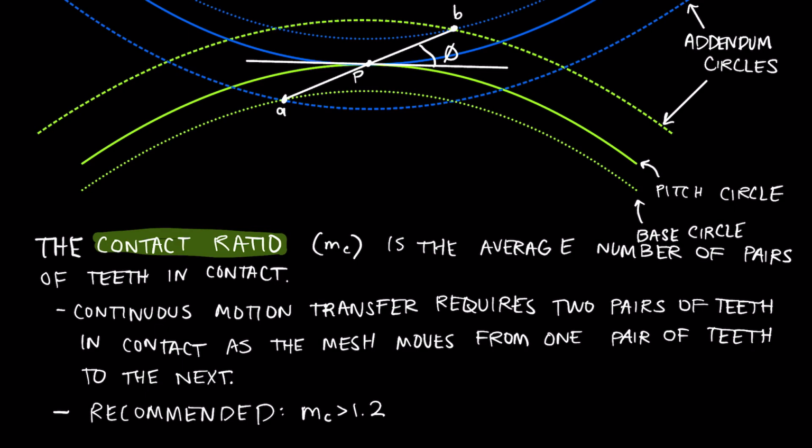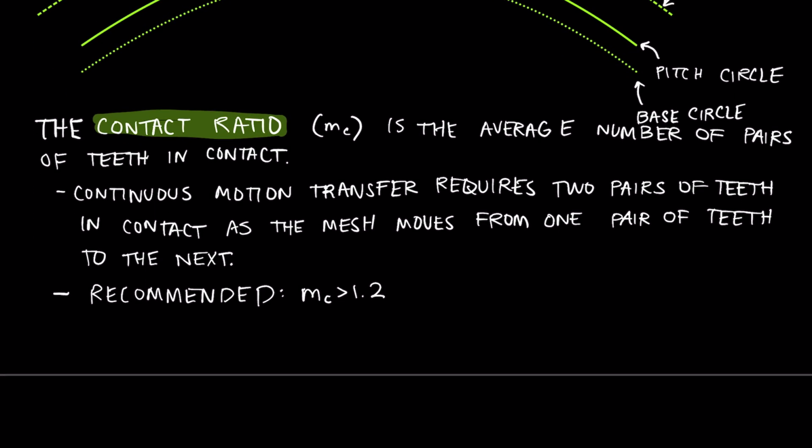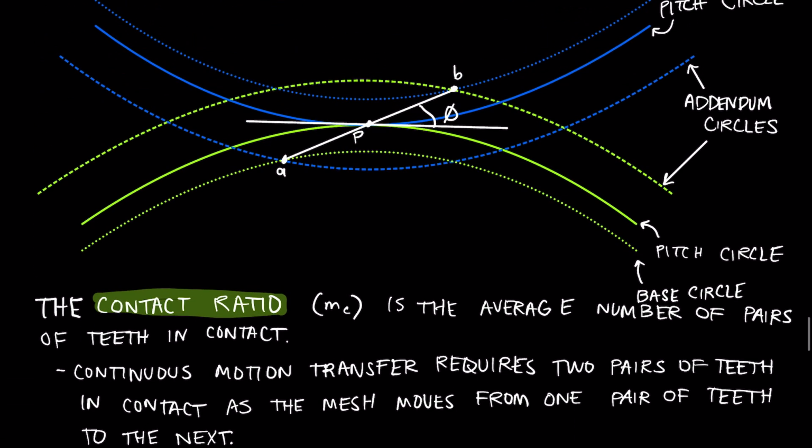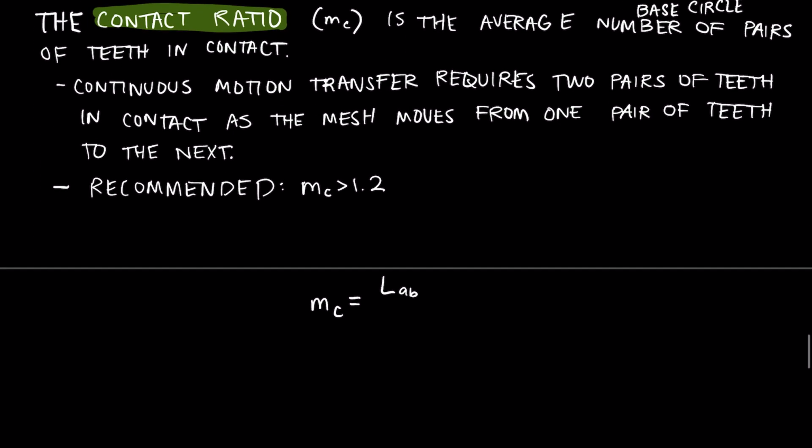And then finally, let's write out our equation for the contact ratio. It is m_c equals L_AB, and that L_AB, again, is the length of this line, the line of action between points A and B, divided by the pitch of the base circle, our base pitch, which in our last video we found a way to relate to the circular pitch, p, by using cosine phi, cosine of our pressure angle.